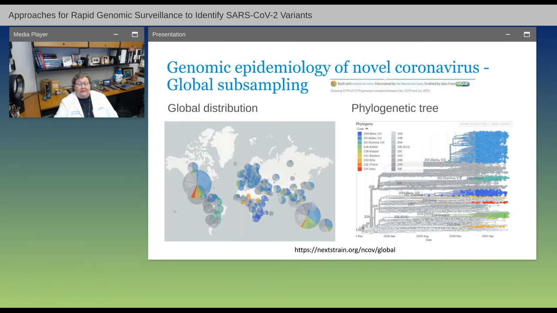You'll see maps like this on the news, or if you search the WHO site or the Nextstrain site, and it will give you the proportion of different variants present in different countries across the globe, and the phylogenetic tree, which tells you the relatedness of the viruses. The shorter the arms, the more related the viruses are. The longer the arms, the more unrelated they are.